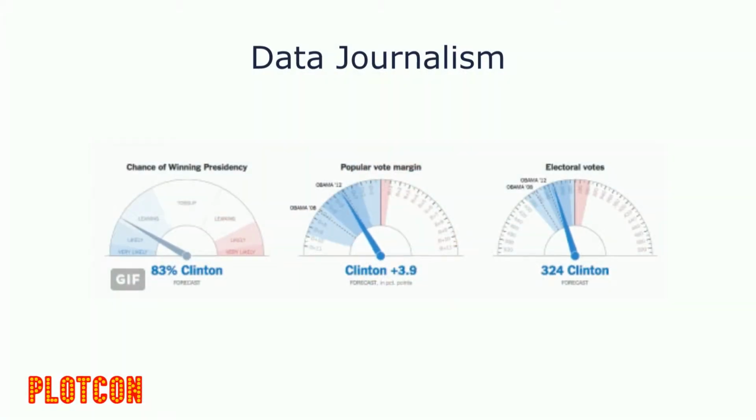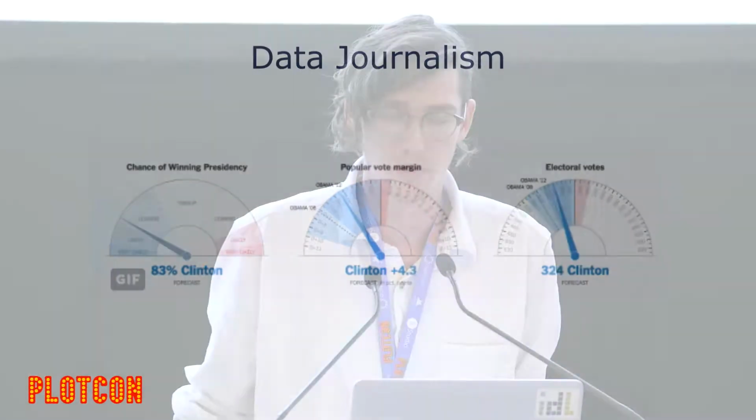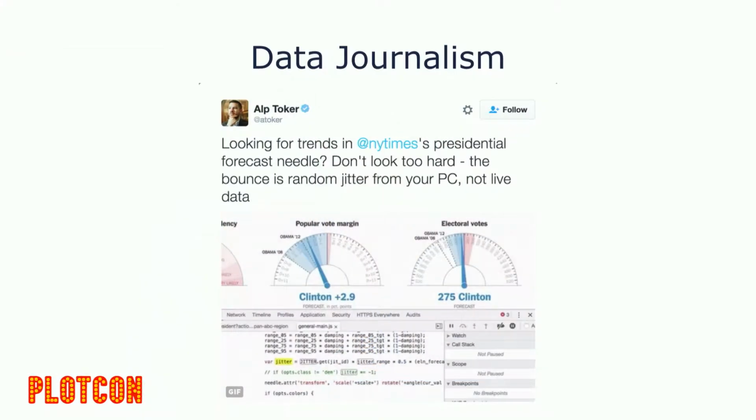And what the designers at the New York Times were trying to convey is that, at the beginning as the results are starting to come in, these things will shift a lot, and as the results continue to come in and the uncertainty becomes smaller and smaller, the jumpiness of the needle will go down. Unfortunately, people took it slightly differently than this. They read through the source code and they saw a math.random, and then they just said, well, they're lying to me.